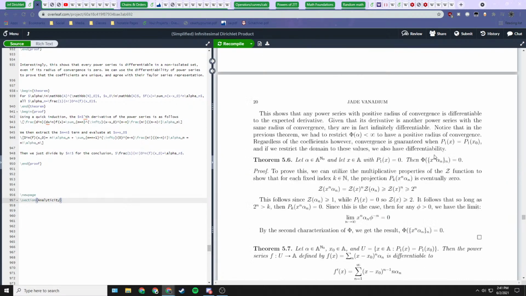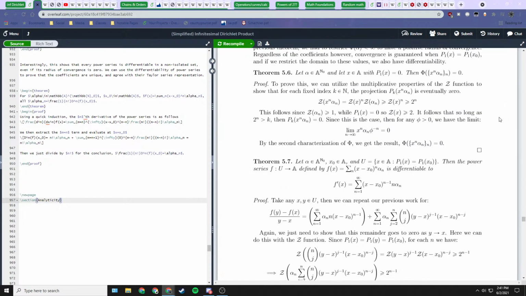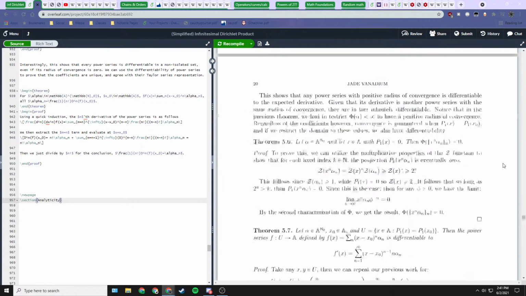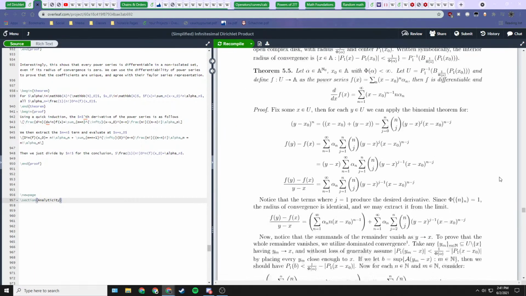Oh, let's do some examples in the power series section. Let's do the geometric series, actually. This one's really easy.